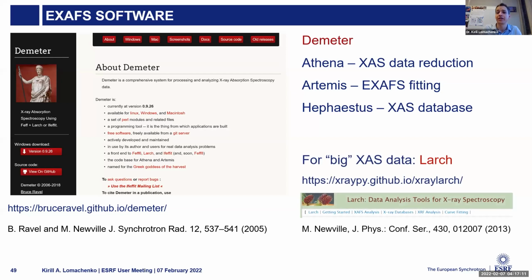When you have big data, a lot of XAS spectra, then it doesn't work anymore. I had trouble handling more than something like 50 spectra with 50 references. And also you will have trouble looking at the spectra one by one. It's more difficult.